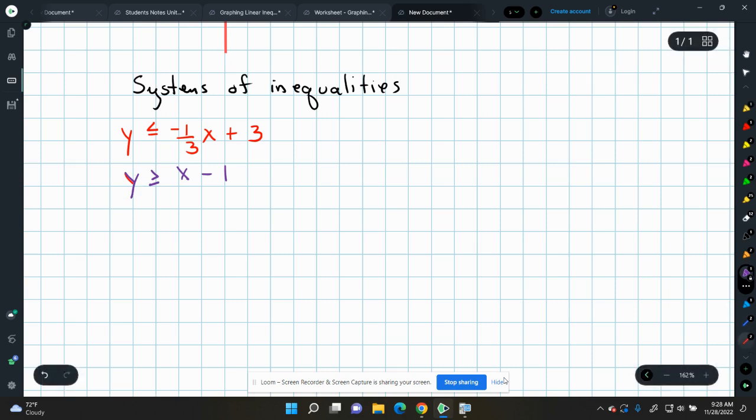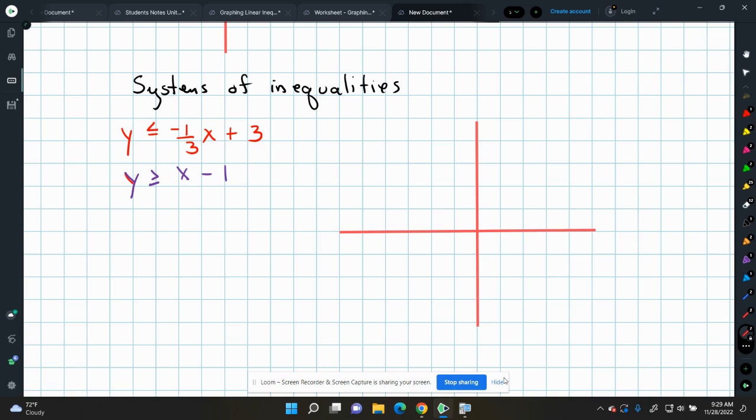So what we're going to do, just like with systems of equations, we're going to graph both lines. With systems of equations, we had to graph each line, and then we look to see where they intersected. So we're going to graph each inequality.